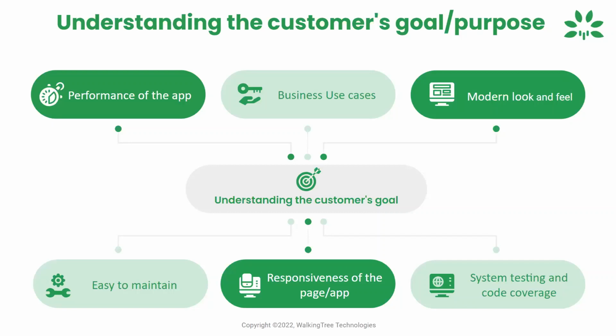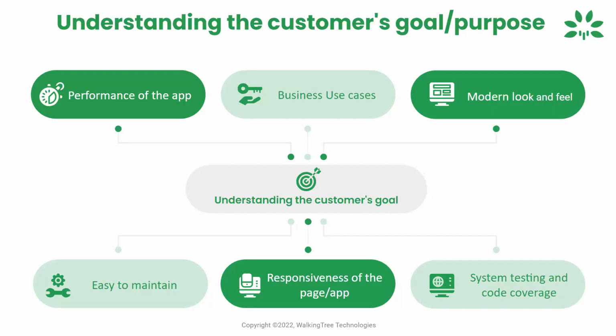Another thing is business use cases, where we will list out all the business use cases, existing as well as new, and we will create the timelines around that. And when it comes to modernization, we will consider all the new facilities that the new technology is offering, and how we can improve the existing system to perform better.